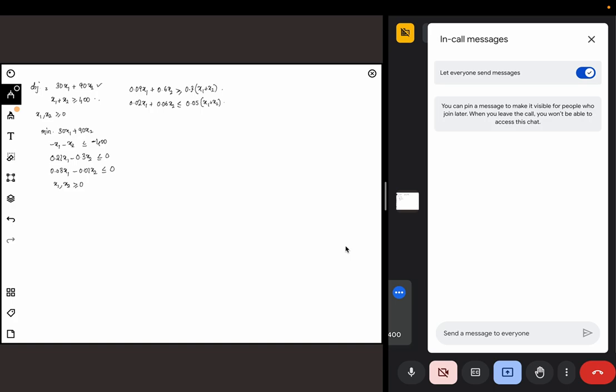Right. Now you can write it in the matrix form. You can add more slack variables here. So eventually you'll get your c. If you write it in the normal way we are writing it, it will be something like 30, 90, and you have three slack variables. c transpose x, your x will be something like this, subject to the constraint Ax equal to b.